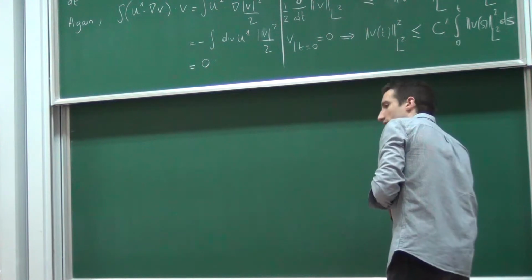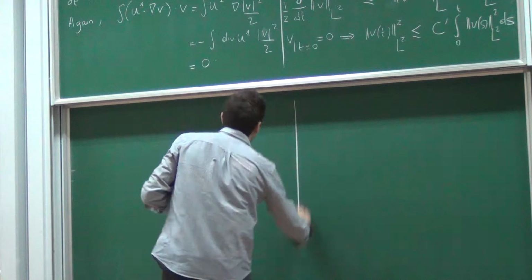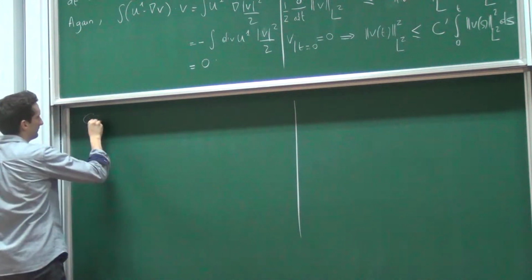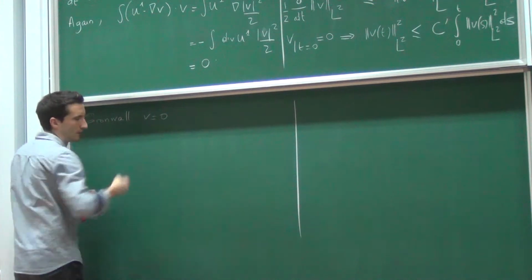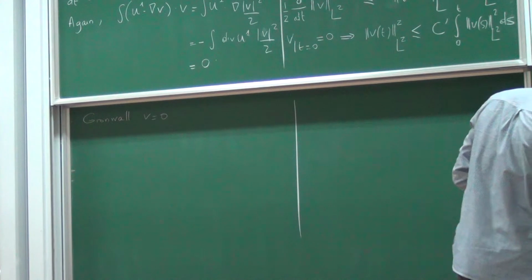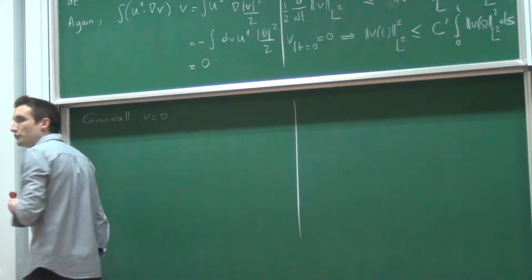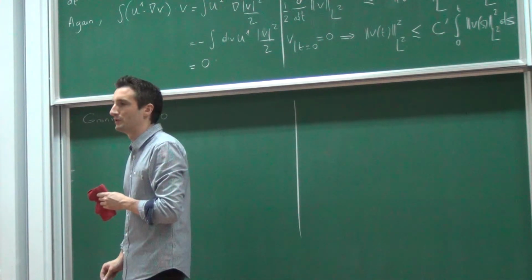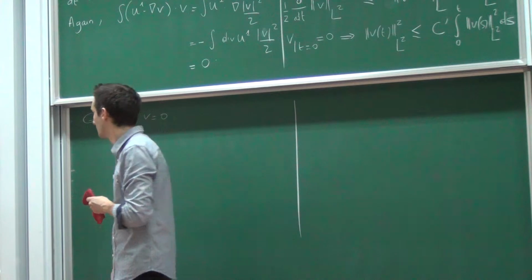And so now you can invoke the Gronwall inequality. That's for uniqueness. I estimate the difference between the two, and I can close some kind of Gronwall inequality.